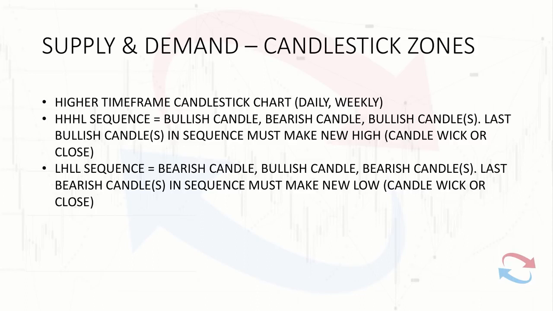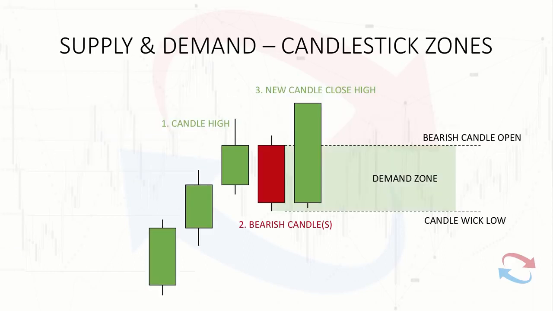So let's look at the demand and bullish example of what I'm talking about when it comes to the higher high and higher low principle. So we have a trend up, and we have a candle high. We get a bearish candle, and then a new candle close high.